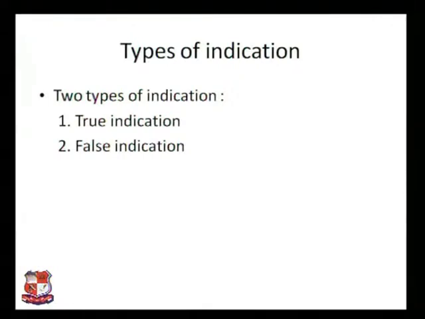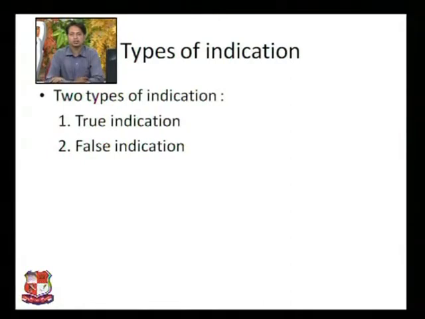True indication indicates the dyes which are present on the surface, but false indication represents the excess amount of dyes or the welding materials or the welded portion in which the dyes are gathered, and that is the false type of indication.